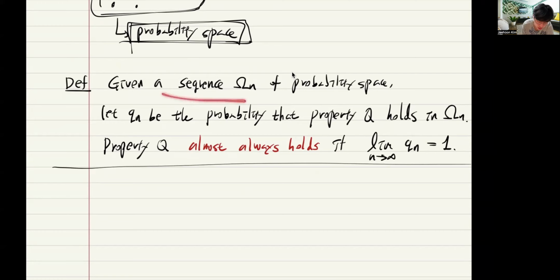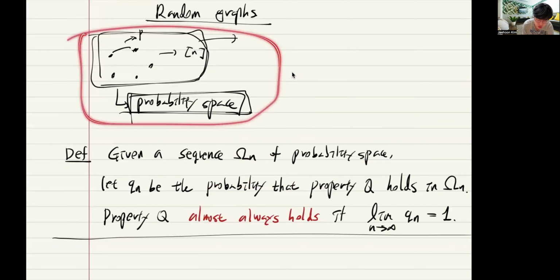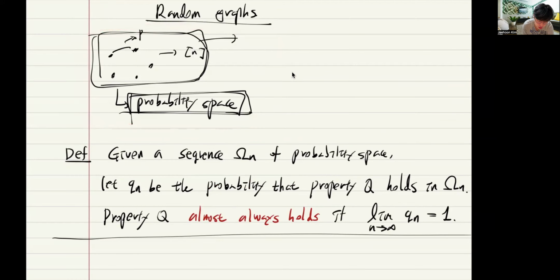So here, note that we are considering a sequence of probability spaces instead of one space. Because oftentimes, as we've seen before, when we consider this kind of random graph, we assume n is large. But for a certain property, we have to take n this large, and for a certain other property, we have to take n this large. And then keep changing n is inconvenient, and that's where we often encounter the problem of mathematical rigor.